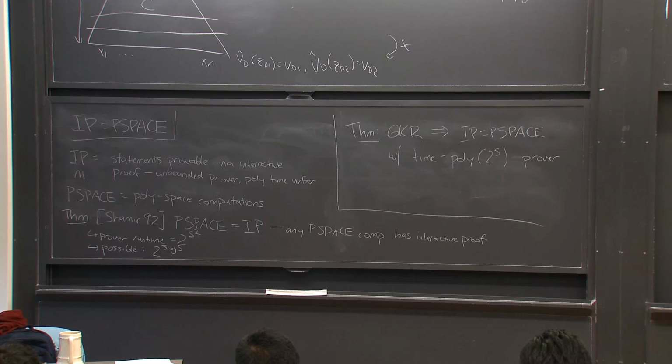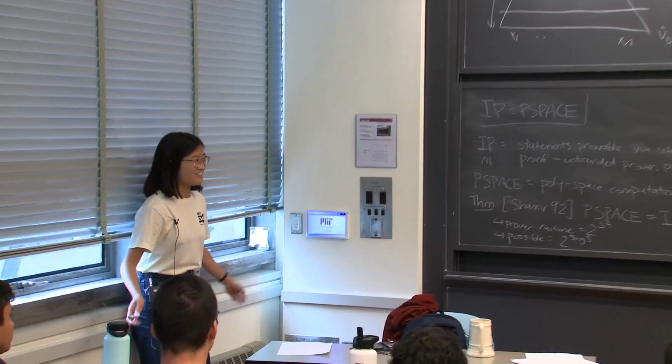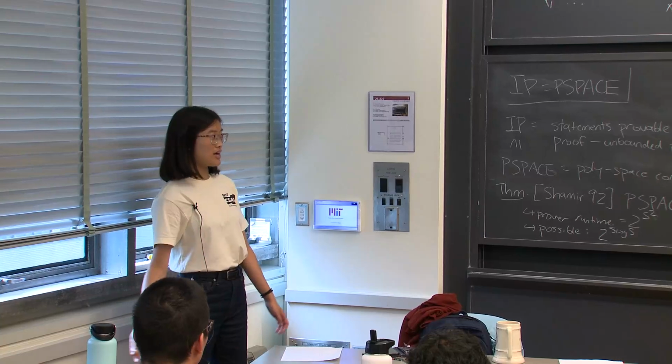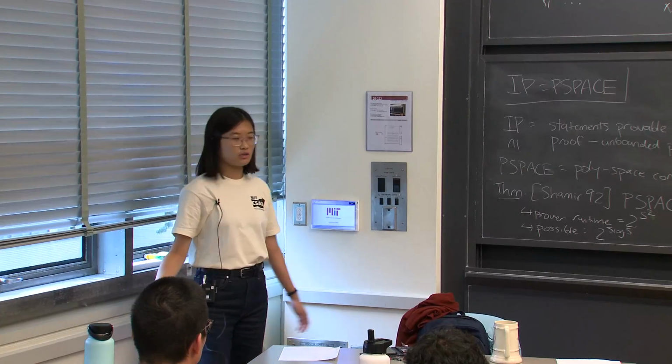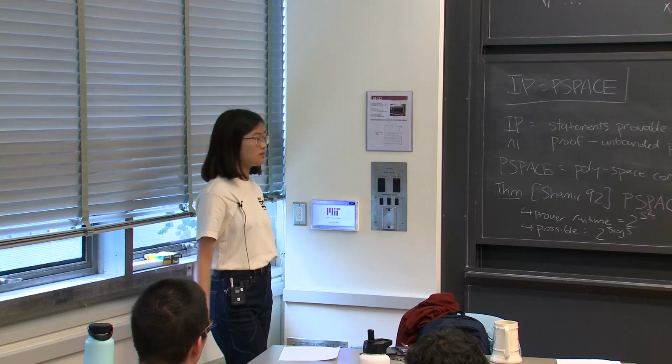What this means is that for maybe the hardest PSPACE computations, assuming the hardest things you can do take time 2 to the s, then we do have efficient delegation protocols for these things. And they're in fact also proof systems, so they are information theoretically secure.